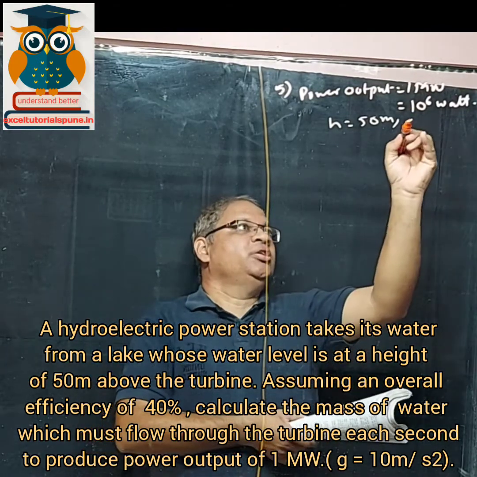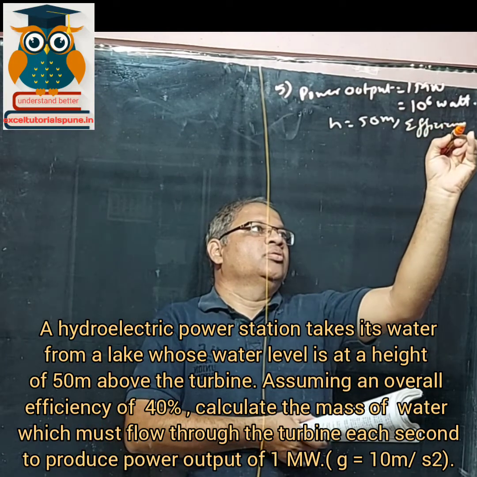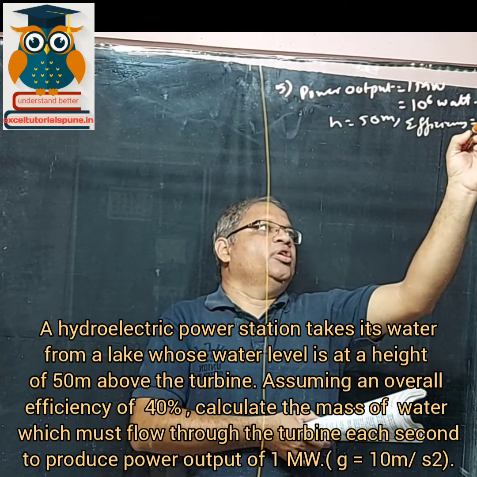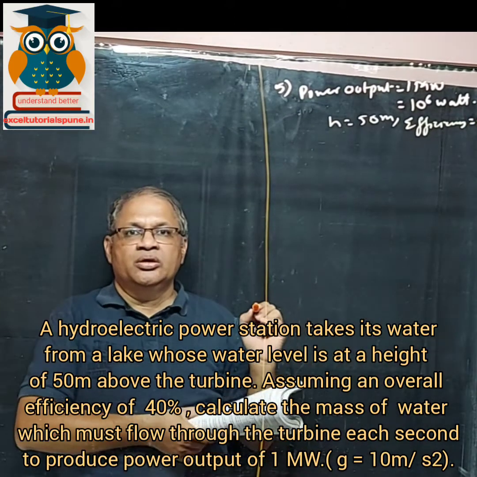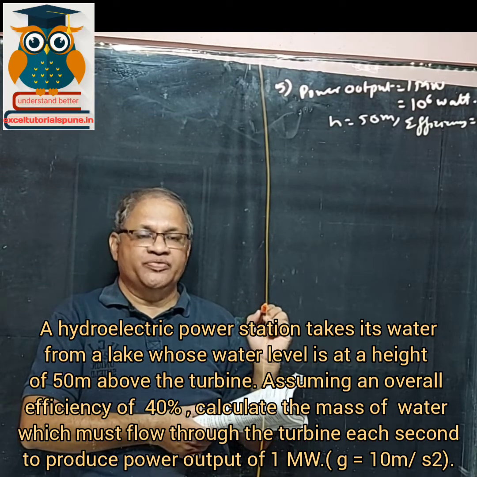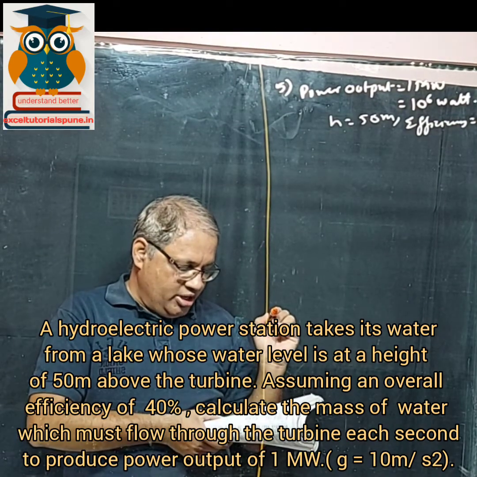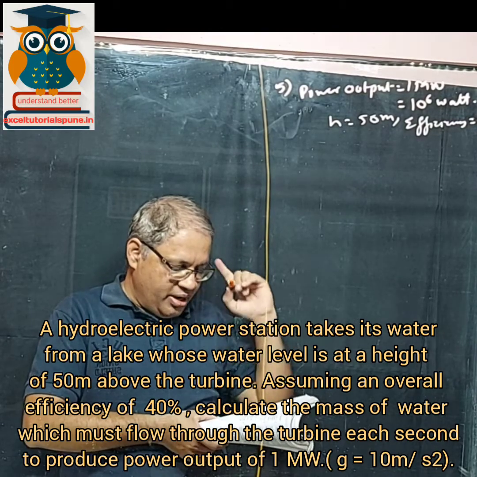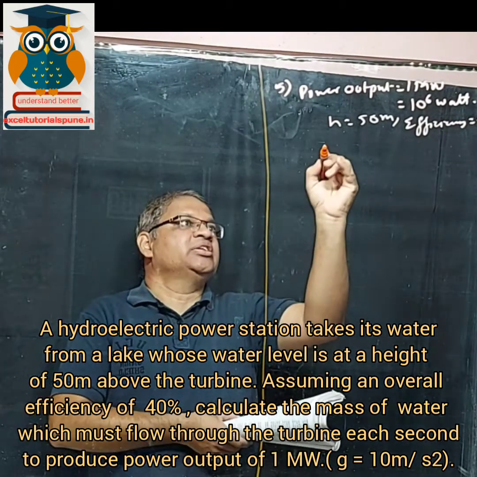Efficiency is 40%. You know what is the formula for efficiency? Power output upon power input into 100 percentage. Calculate the mass of water. So to find out the mass, time is given, 1 second.